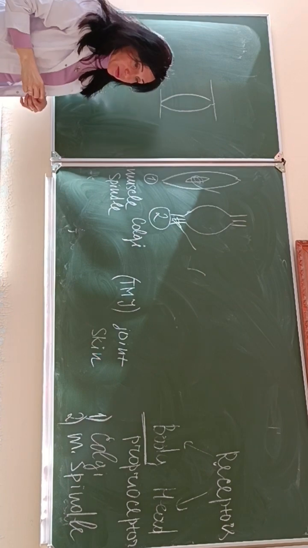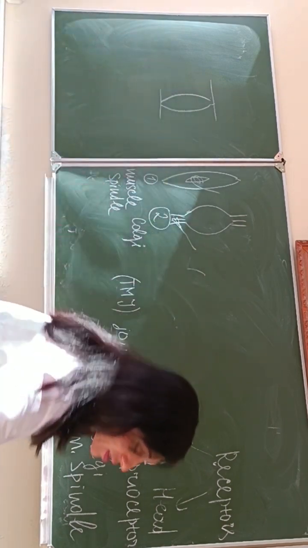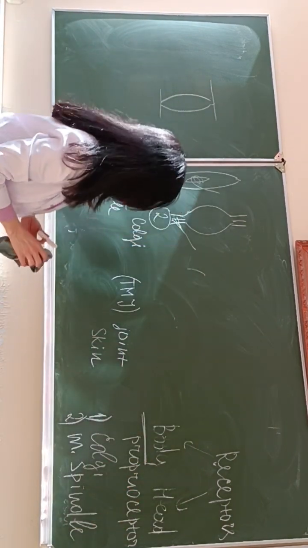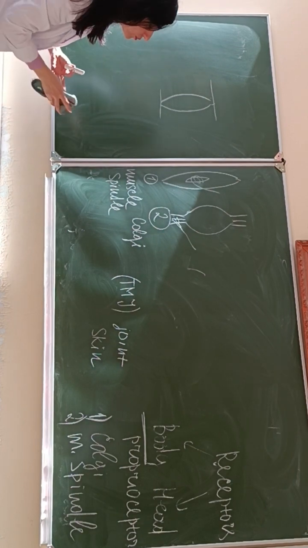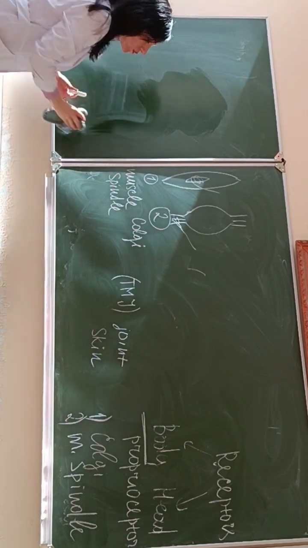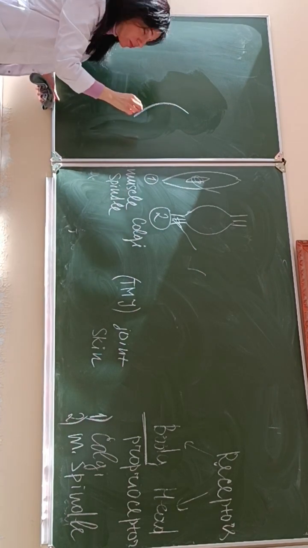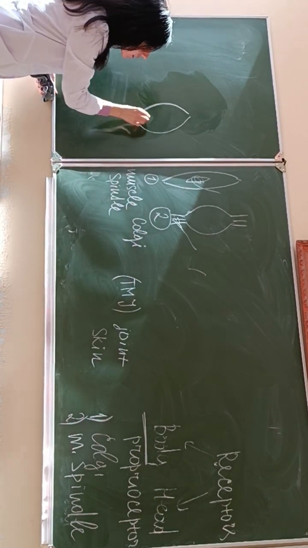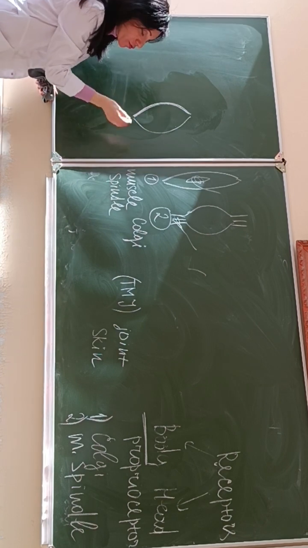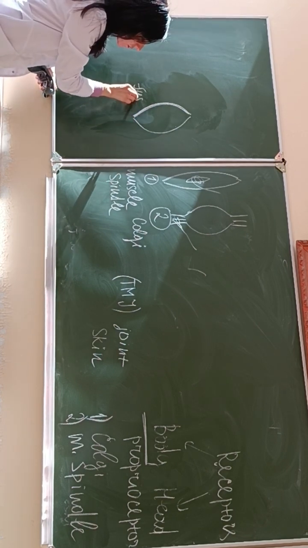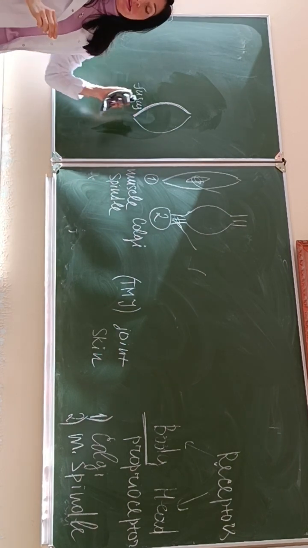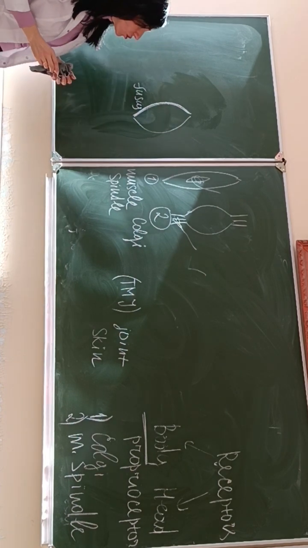About the structure of the receptors. Muscle spindle has a complicated structure compared to the Golgi tendon organ. Muscle spindle is located inside a capsule, or fusus, formed by connective tissue.